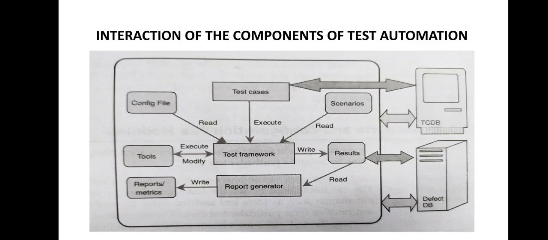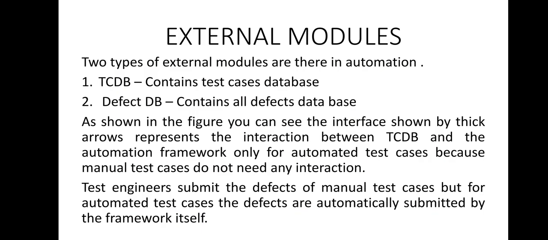The first component is external modules. Basically two types of external modules are there in automation. First is TCDB, which you have studied in the last lectures. It is fully known as test case database. The second one is defect DB, that is defect database.